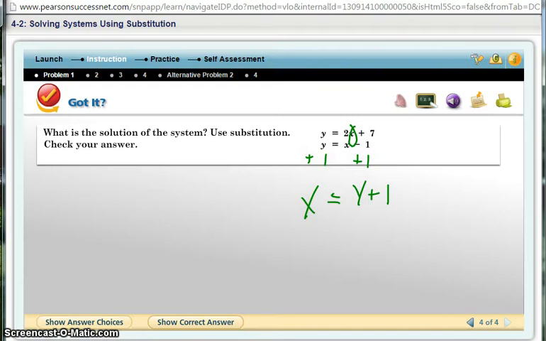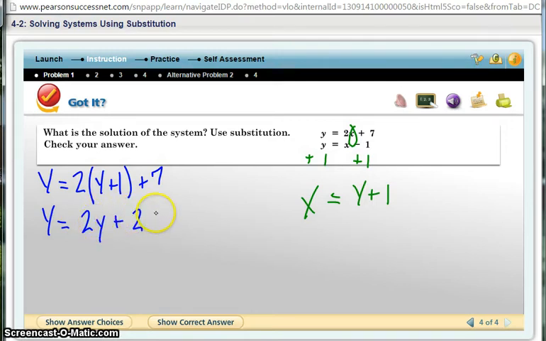So let's come over here and say, now I can say y is equal to 2 times y plus 1 plus 7. So now what do we do? Then you would distribute the 2 to get y equals 2y plus 2, and subtract 2y from each side.